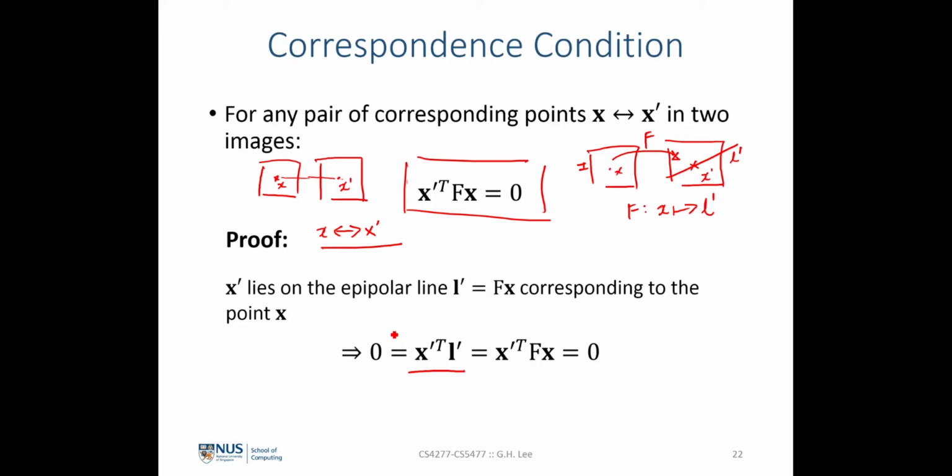And since we know that L prime is given by the fundamental matrix multiplied by the first image coordinate point, which is F multiplied by x, substituting this relation into L prime over here, we get the famous equation of x prime transpose F multiplied by x equals 0.